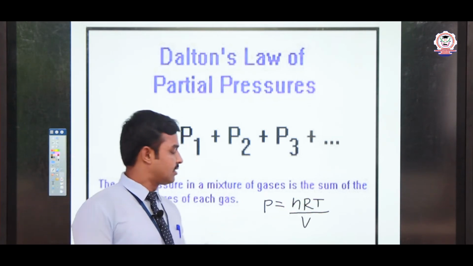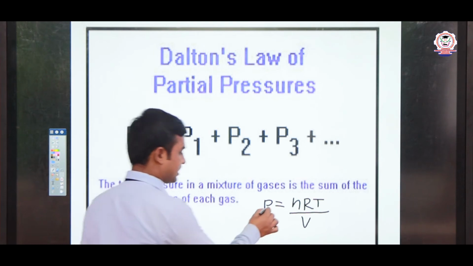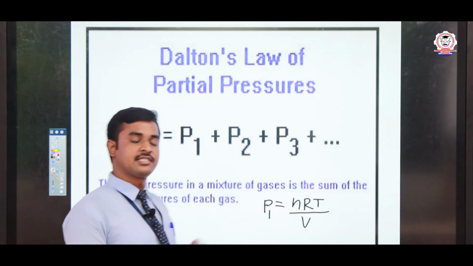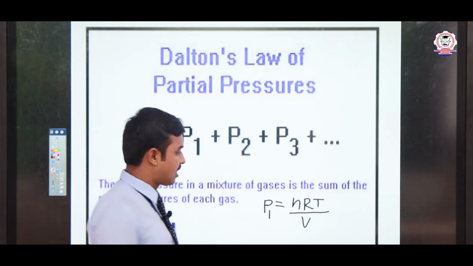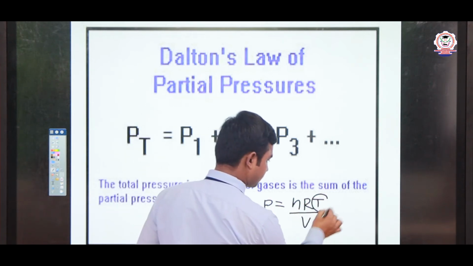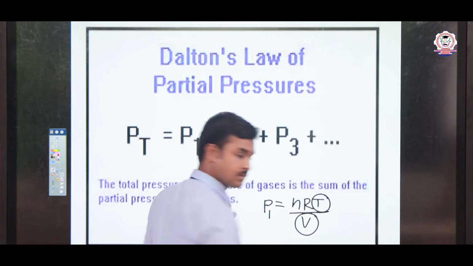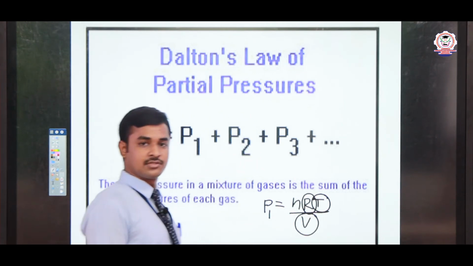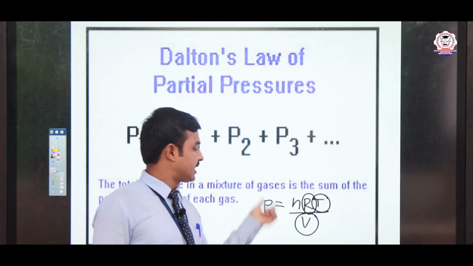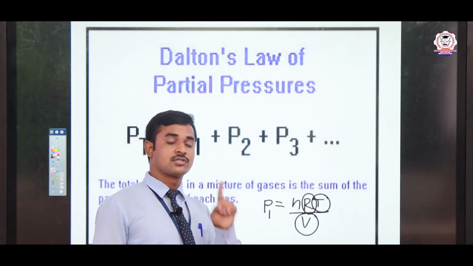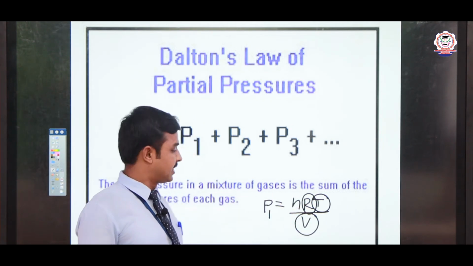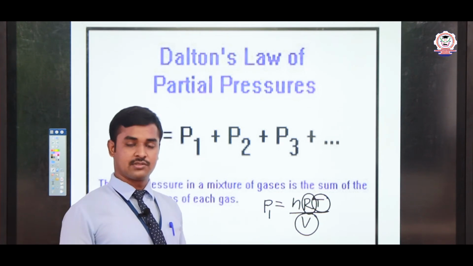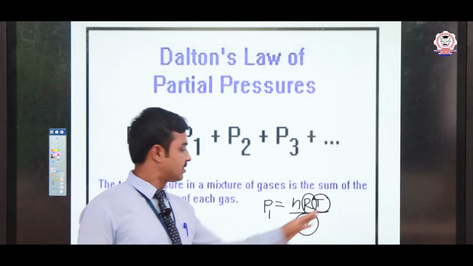In this formula, look here, when the pressure is changed into P1, at constant temperature, constant volume and constant gas constant value, the number of moles will change, because temperature is not changed and volume is also constant.